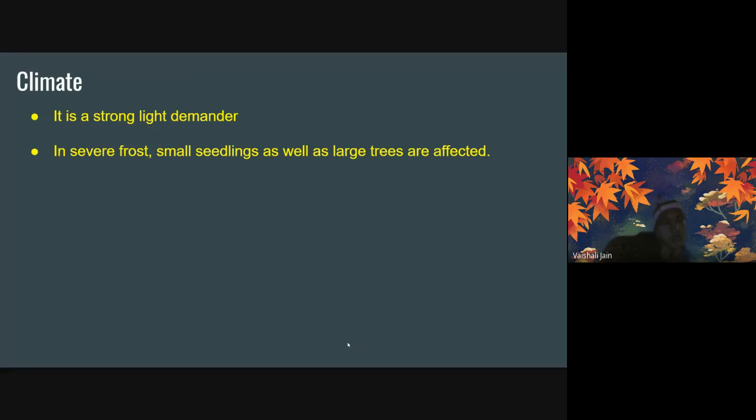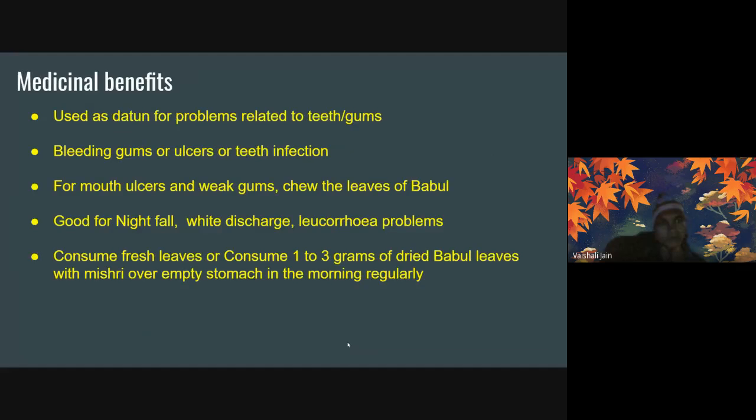Acacia nilotica is a strong light demander, and in severe frost, small seedlings as well as large trees are affected. So that means it cannot tolerate severe frost. Medicinal benefits: babul tree can be used as datun for problems related to teeth or gums.